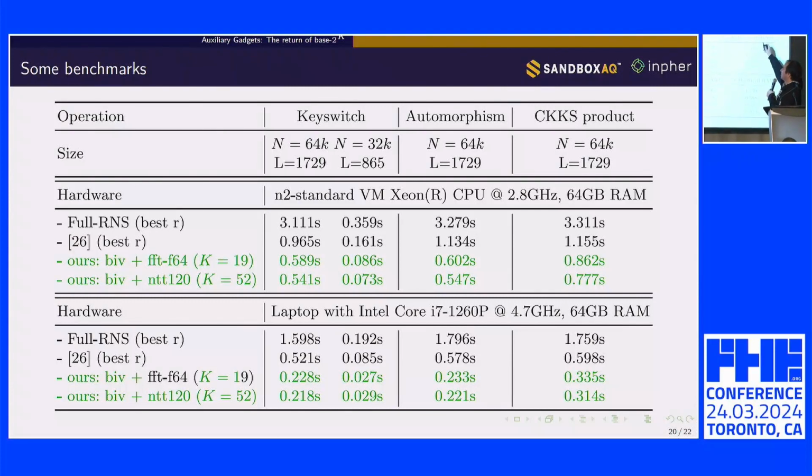That would be a level 30 multiplication, with this number of bits for the precision. Basically, key switch and products would be like 0.2 seconds. So much better than what the original full RNS was providing, and comparable to what the former paper at Crypto last year provided also.